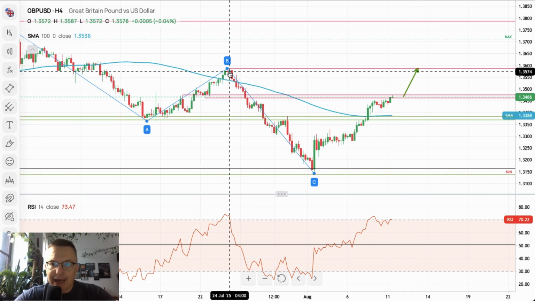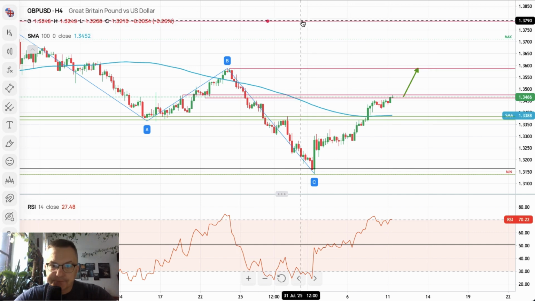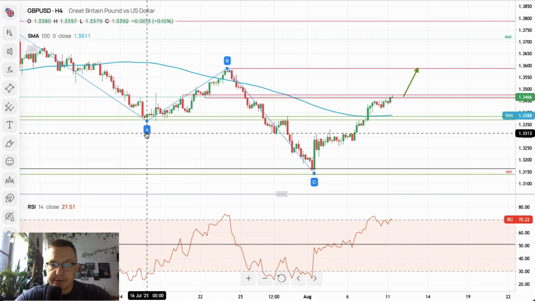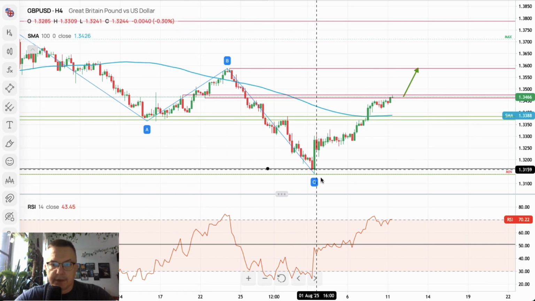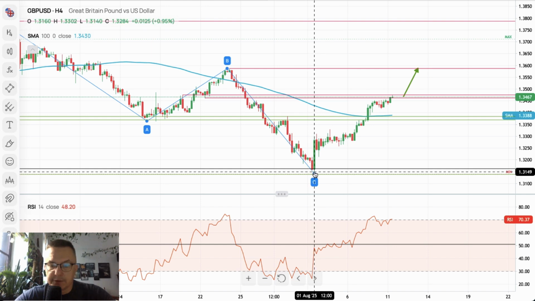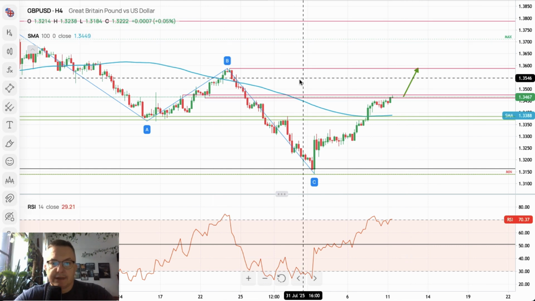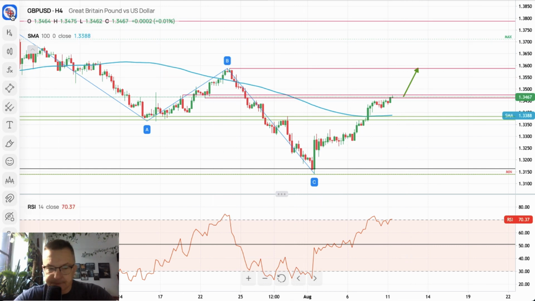Next target is the wave B high, and then eventually we can even go as high as the beginning of the swing, 1.3790. The reason for that is because the ABC corrective cycle to the downside has been basically completed at the level of 1.3140. So that's why the market should continue to the upside after the correction is done.